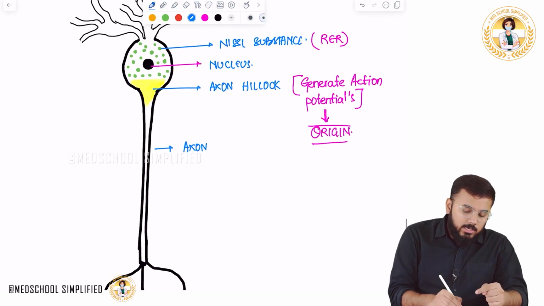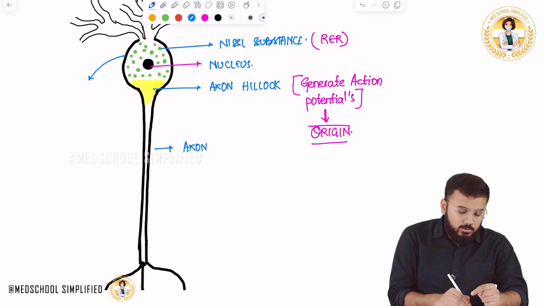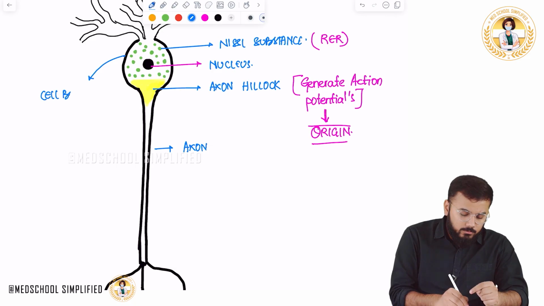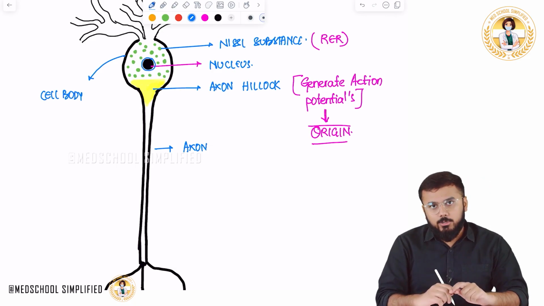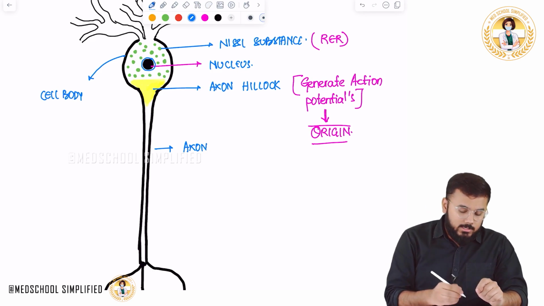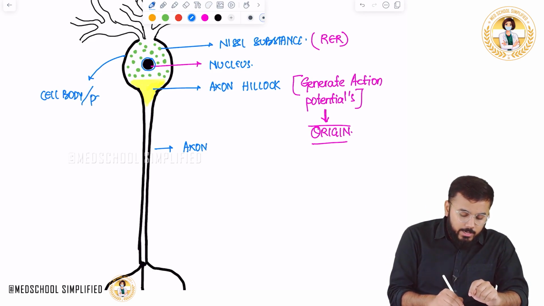Now, what is this structure then? This structure is called your cell body. Don't think the center one is called the cell body. No, the center one is called the nucleus. This structure over here is called the cell body, or the other name is perikaryon.